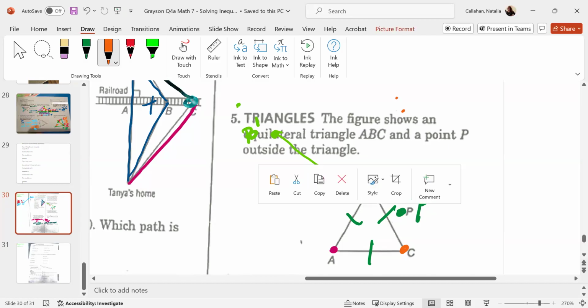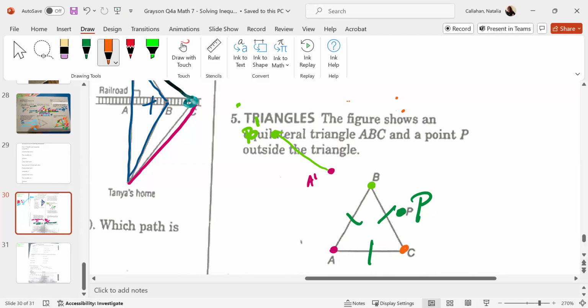It's still going to be 1.5 inches, correct? So from here, I'm going to go 1.5 inches right here. C prime. Do you see that? So try to do that on yours as well. Okay.